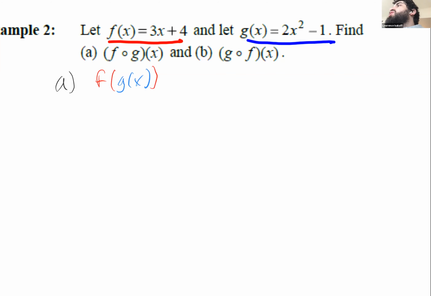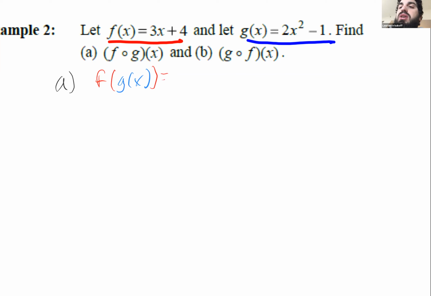Notice how g of x is inside where the x was. Where we see x in our f function, we are going to replace that with the entire g function. So we're going to replace x with 2x squared minus 1. So let's get going and see what this will look like.